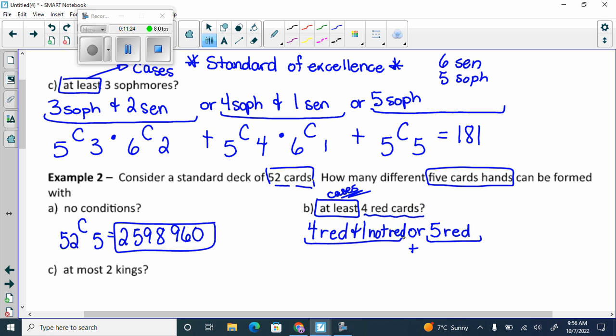Half the deck. 26. 26 choose 4. And if half of the deck is red, then half of the deck is also not red. So it'd be 26C5. And then this would be 26C5.